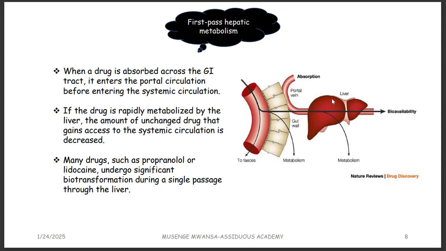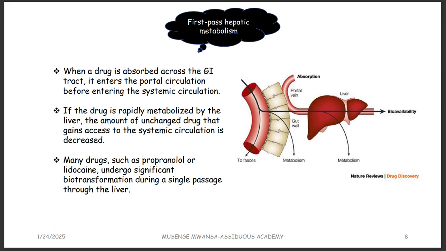So when this drug goes to the liver, some part of the drug is broken down, that is metabolism, and what remains, which is not broken down, is what goes to systemic circulation, that is bioavailability. So bioavailability is after the drug has passed through the liver.